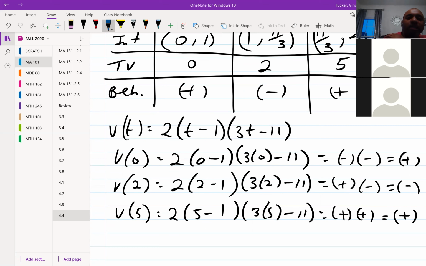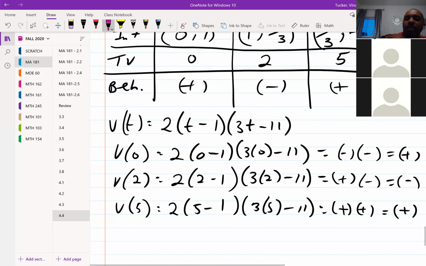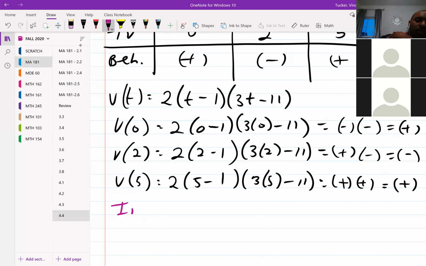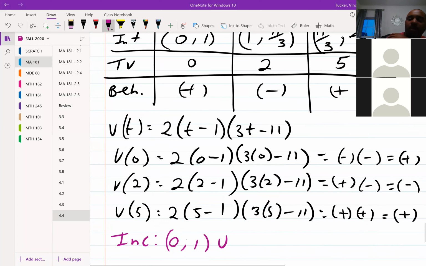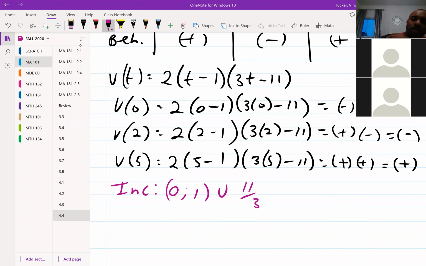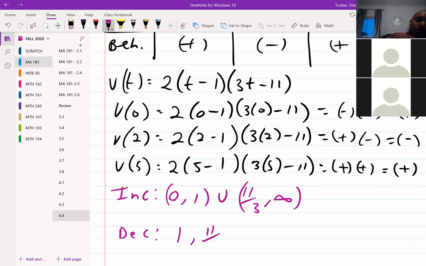While we're doing that, I'll write it down here. Intervals are increasing from 0 to 1 and 11 thirds to infinity. The interval is decreasing from 1 to 11/3.